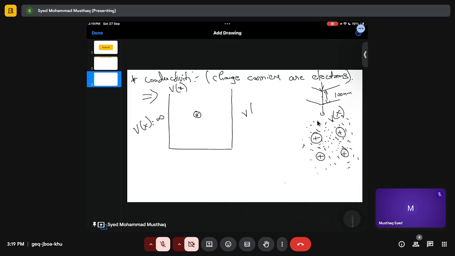Same on the other side, beyond this wall the electron cannot go. Even if you look, a material contains atoms and atoms contain electrons, so you don't see electrons coming out of that material. If you put an iron block outside, you don't see electrons coming out of the iron block. Why? Because they are bound to that potential.